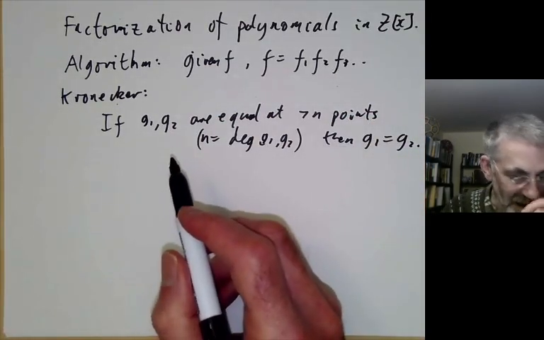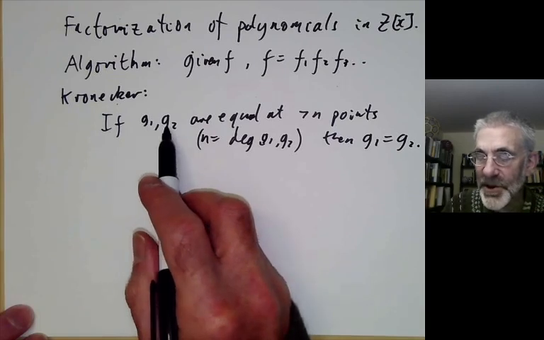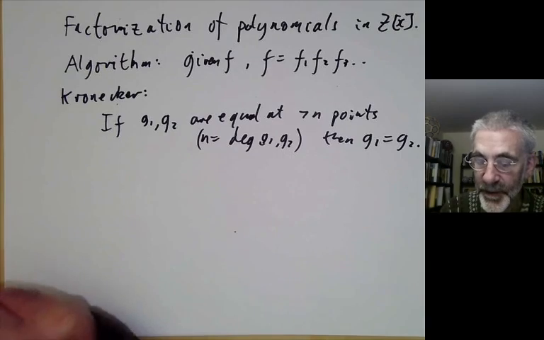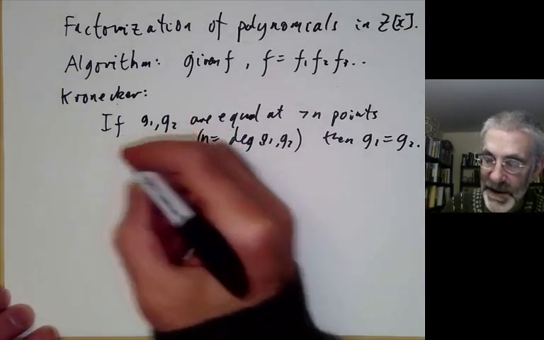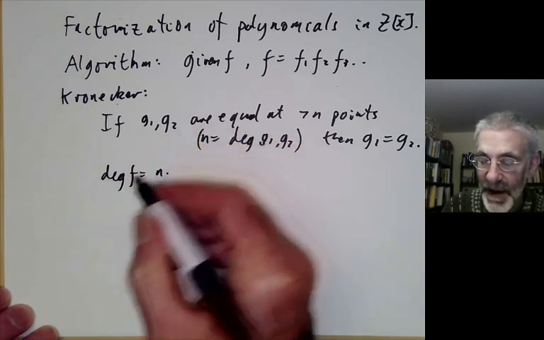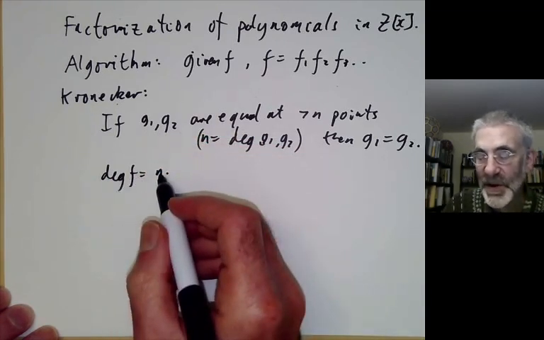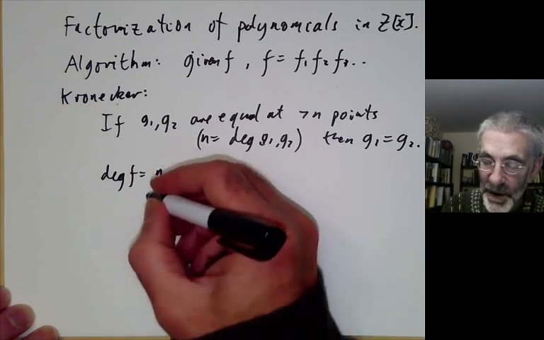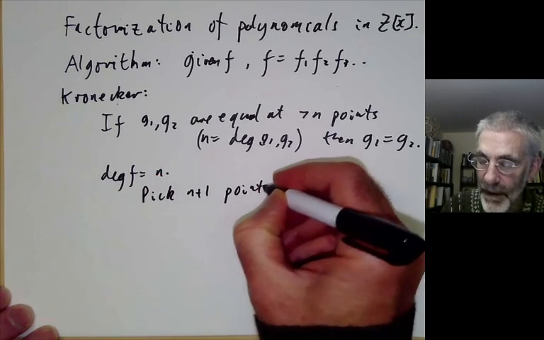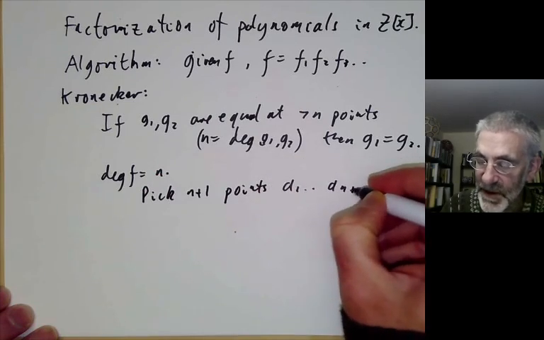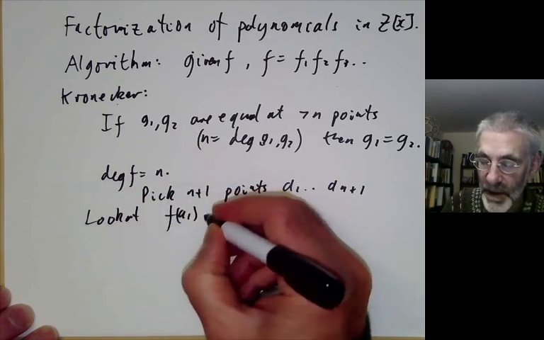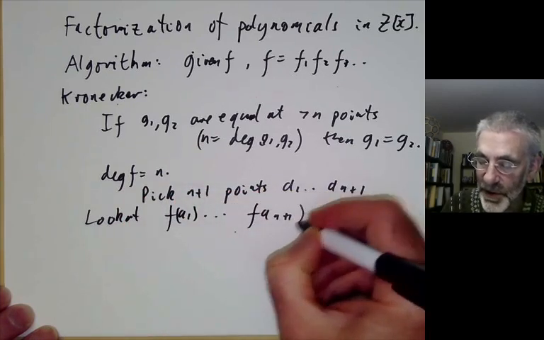And that's sort of obvious because the polynomial g1 minus g2 must vanish at more than n points, so it must be identically 0. And now what we do is, suppose the degree of f is equal to n. Then any factor of f must obviously also have degree at most n. So what we do is we pick any n plus 1 points, a1 up to a n plus 1, and we look at f of a1 up to f of a n plus 1.